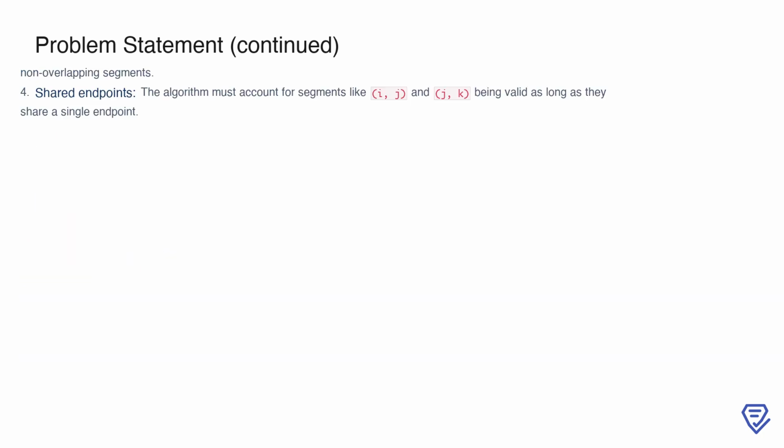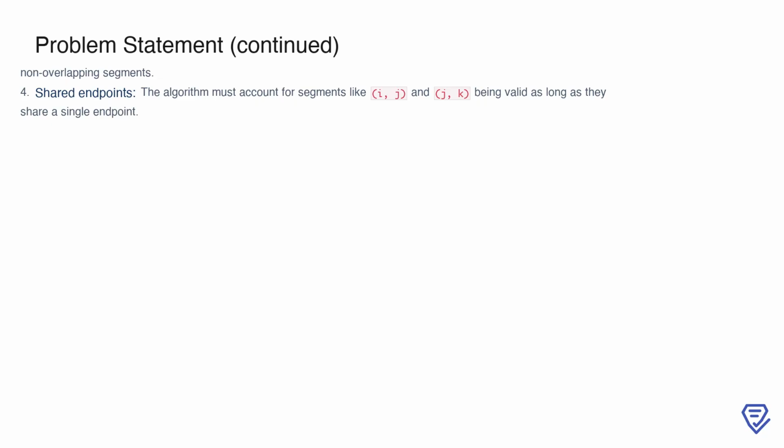Finally, let's address some important edge cases. For the minimum values, when n equals 2 and k equals 1, there is only one valid line segment, 0, 1. For maximum values, such as n equals 100 and k equals 99, the output will be extremely large, but it must still be computed efficiently under modulo 10 to the power of 9 plus 7. Another interesting scenario is when n is small but k is large, such as n equals 5 and k equals 4.